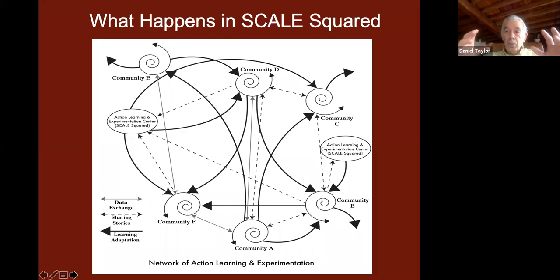Now, until this point in this course, we've talked a lot about relationships, and that in complex adaptive systems, what causes the parts to create a new whole is relationships. But what causes relationships to grow is communication.